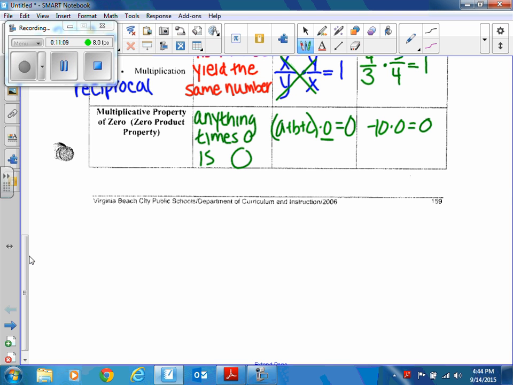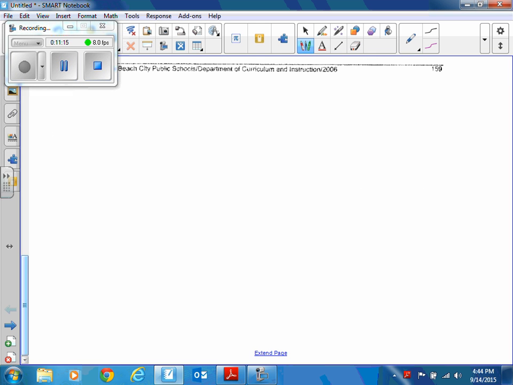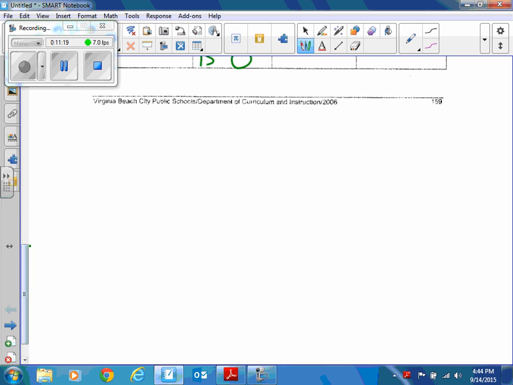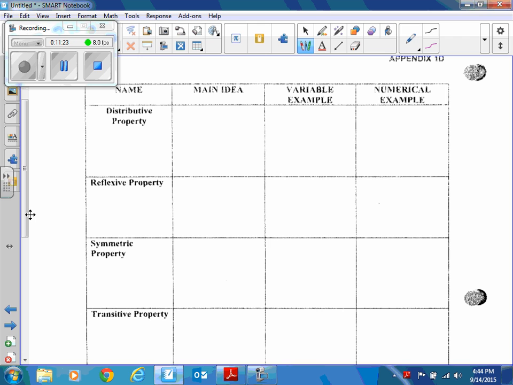So these are ones that most of us should have seen before, maybe you haven't. But now we're going to get into some of the ones that we're going to start to see and use in algebra this year. So the first one is the distributive property. When you think of distribute, you're thinking distributing papers out to students or to give something to somebody.